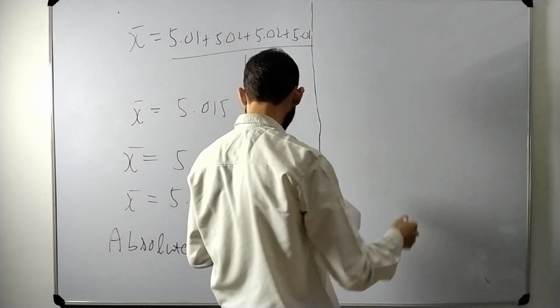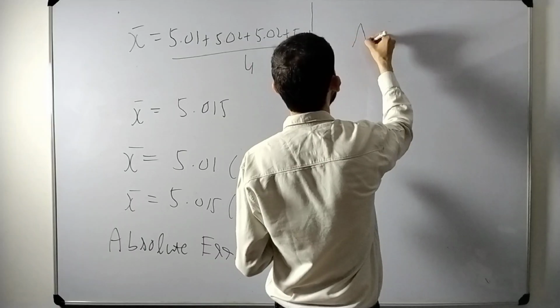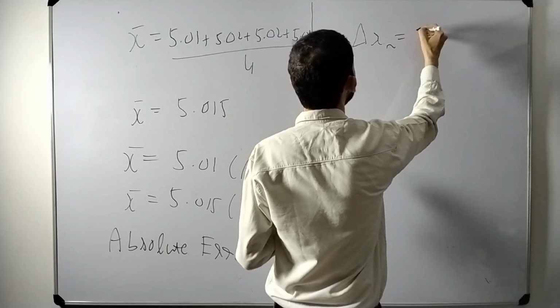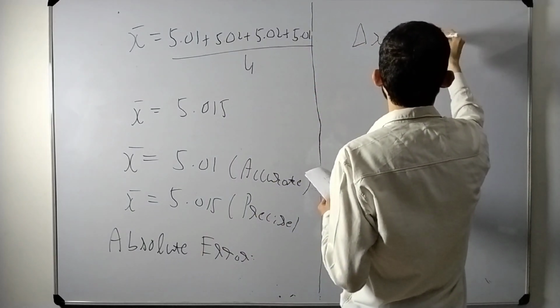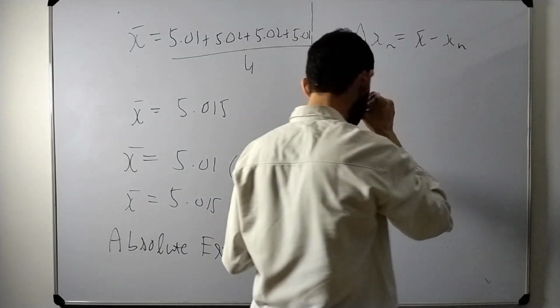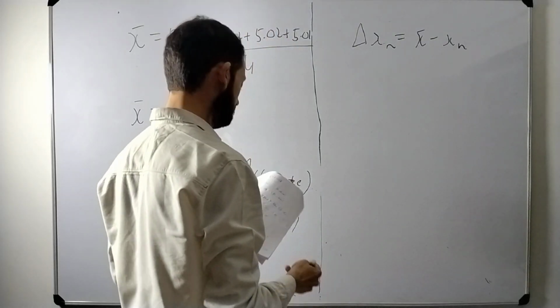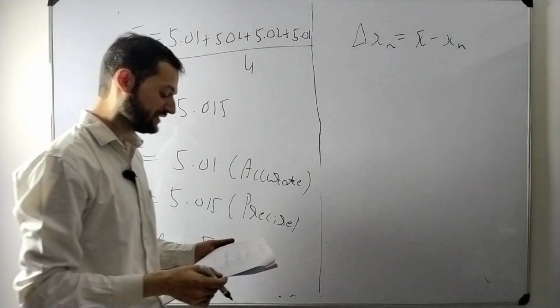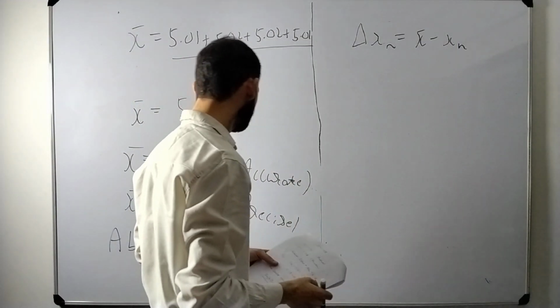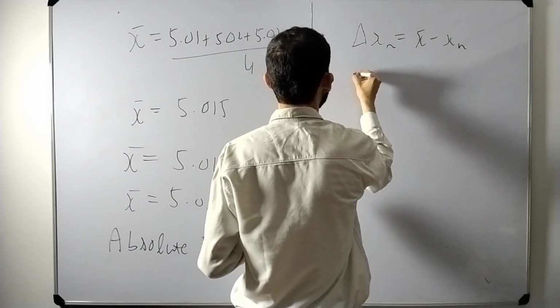Absolute error is, students, del xn equals x minus xn. Okay sir, nice, but we didn't get anything, absolute error. So let me give an example.